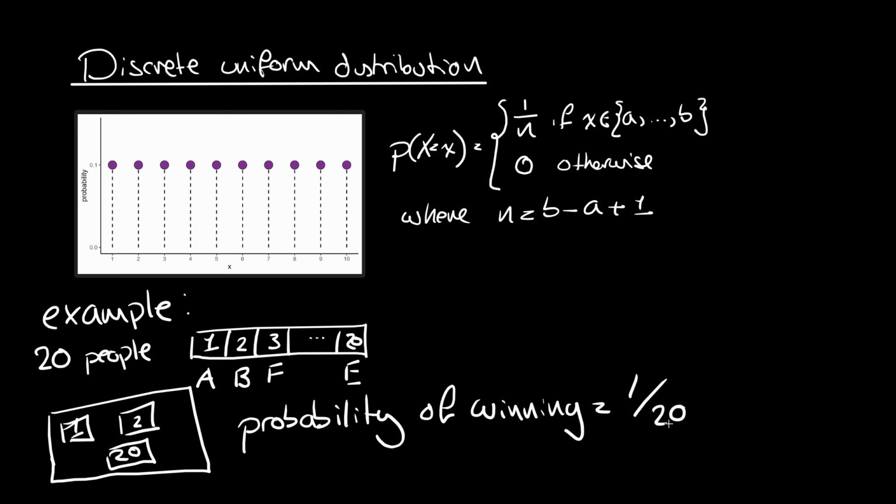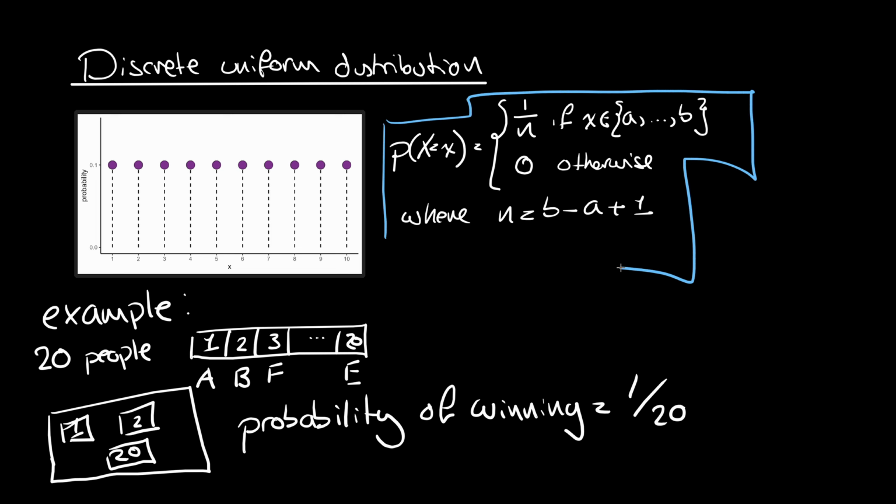The discrete uniform distribution is described by its probability mass function that I've given here. This says that the probability of an outcome x is equal to 1 over n, where n is the total number of outcomes.